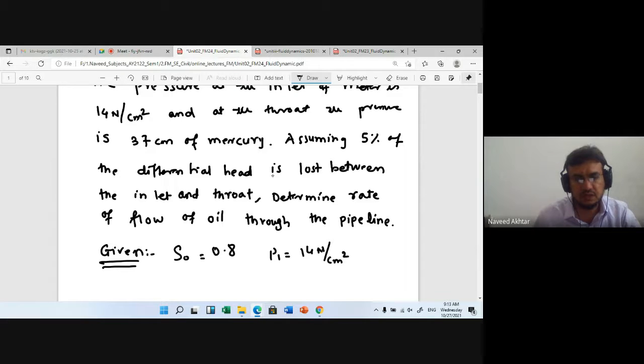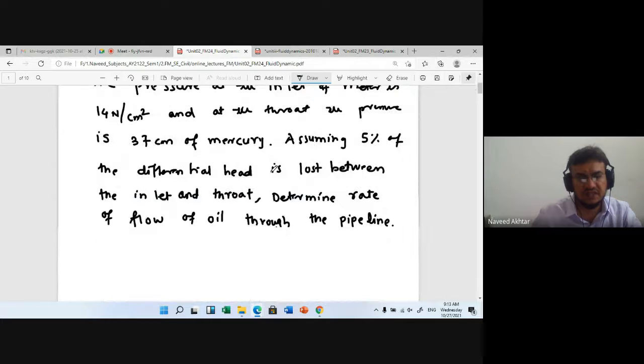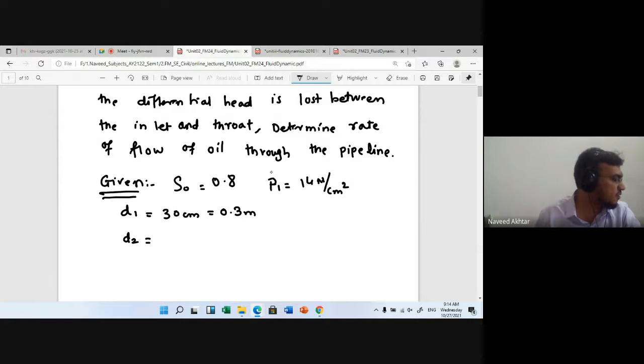The pipe is 30 by 15 centimeter, so the diameter of the pipe D1 is 30 centimeter, which you write in meters as 0.3 meter, and d2 is the diameter of the throat, given as 15 centimeter, or 0.15 meter.